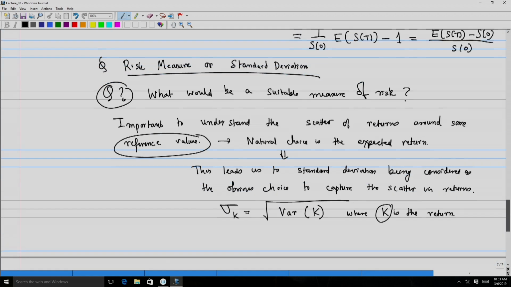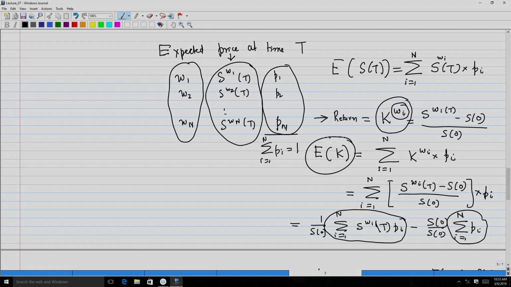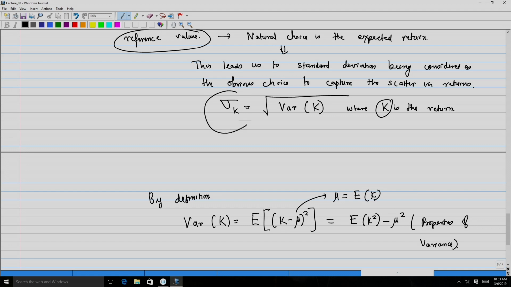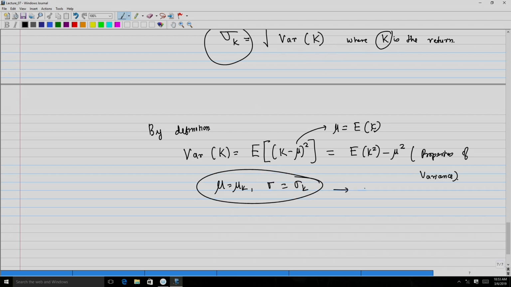So far we have defined the returns, which is the expected value of k, and now we have defined the risk given by sigma k, or the standard deviation. So, with mu equal to mu k and sigma equal to sigma k, we now have the return and risk definition in place for us to move ahead.